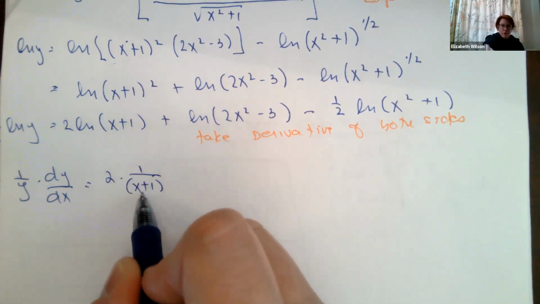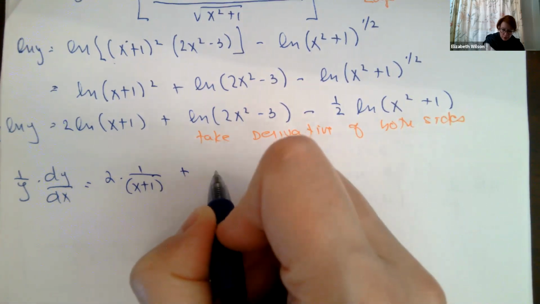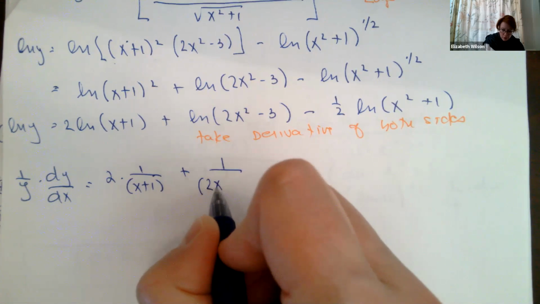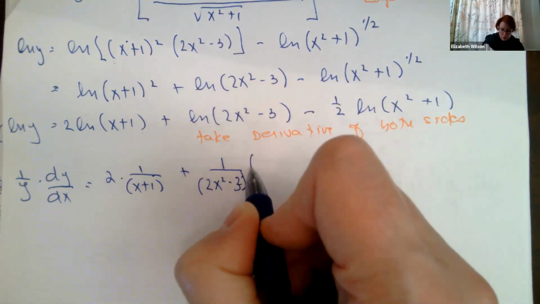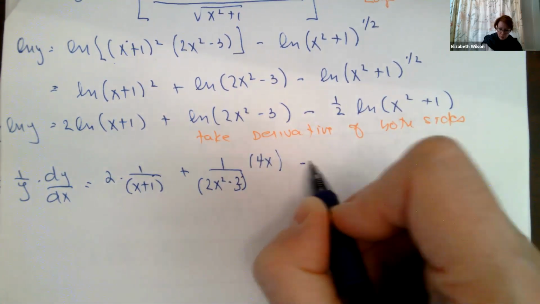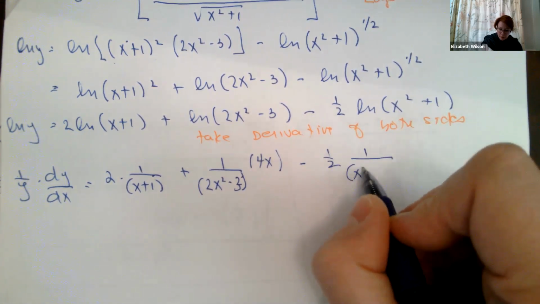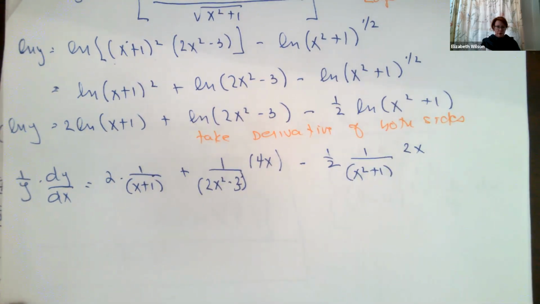My chain rule derivative of what's inside is equal to 1. Plus, right, I'm going to take the reciprocal of this. Oops, that's a 3. Now I have to do the chain rule. This is 4x minus 0, 4x over 2x squared minus 3. Minus, the 1/2 hangs out. I've got 1 over x squared plus 1 times my chain rule times 2x. Okay.